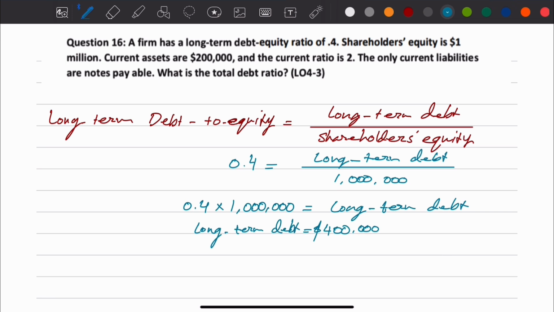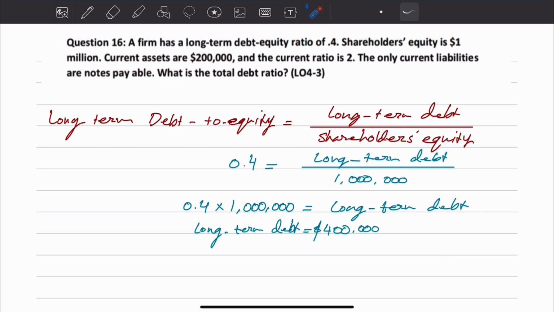Now, we also know the current assets of the company, and we know the current ratio, but we don't know the current liabilities of the company. So we can, again, use this information given to us to calculate our way back from the current ratio, knowing the current assets, to find the current liabilities.